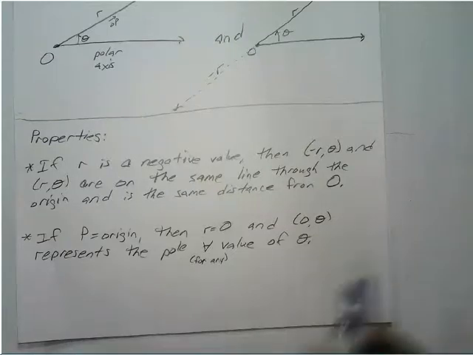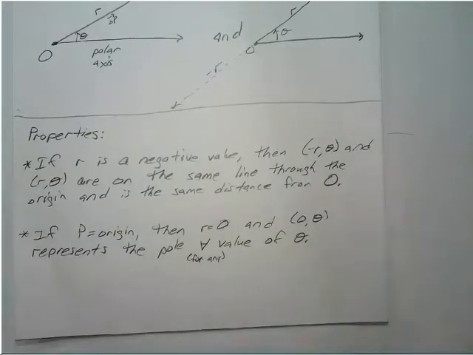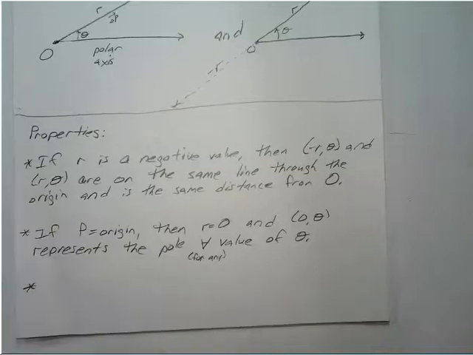We have another property. We know that Cartesian coordinates are unique. So if you go to the ordered pair (2, 4), there's one way to get to that (2, 4): x is 2, y is 4. There's one value there. But for a polar coordinate, that point is not unique, which means you can get to that point an infinite number of ways.